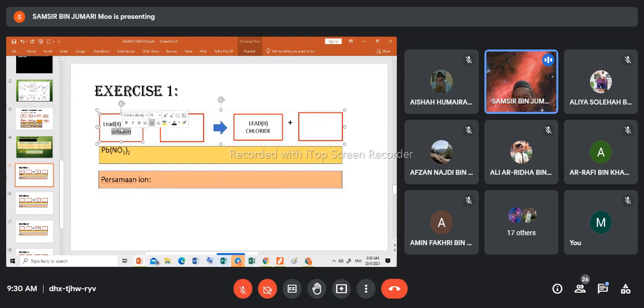If you write lead nitrate without writing solution, there is no mark given. Lead nitrate solution. That's right. Another one is hydrochloric acid solution.